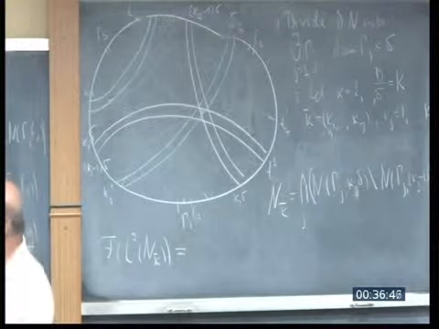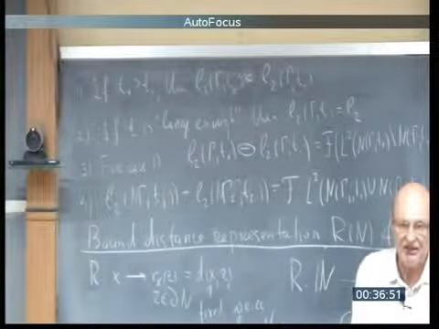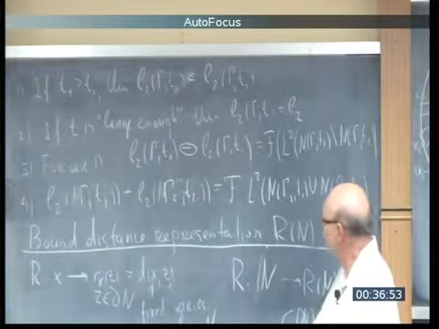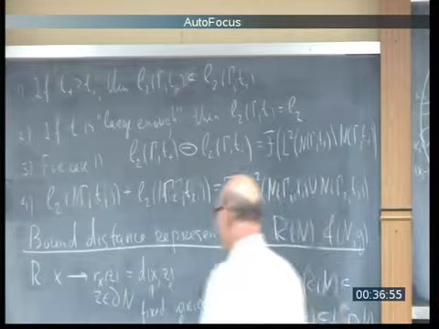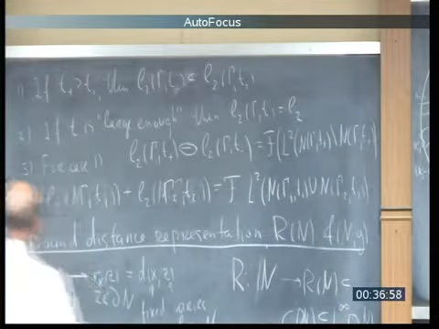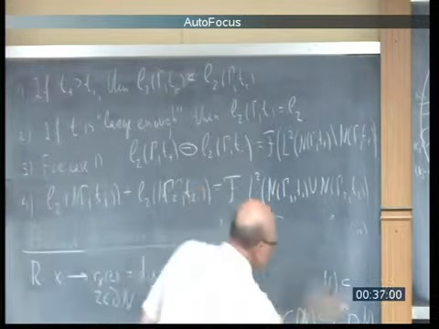And when we intersect, we just get the intersection. Did I get it here? No, it's probably property 5 that I need to write down.